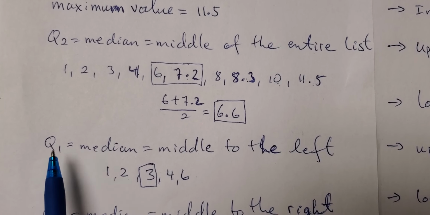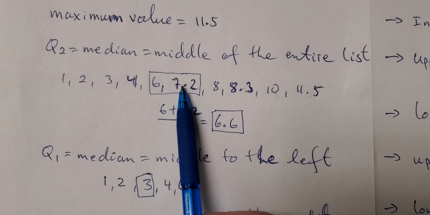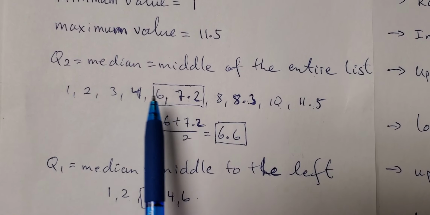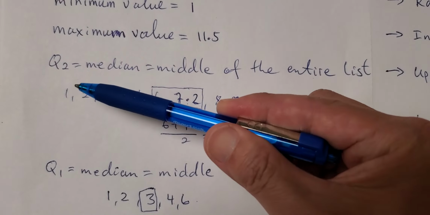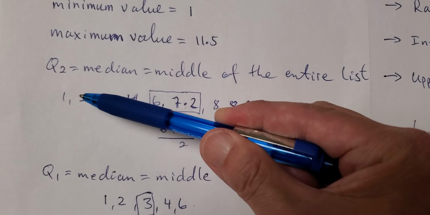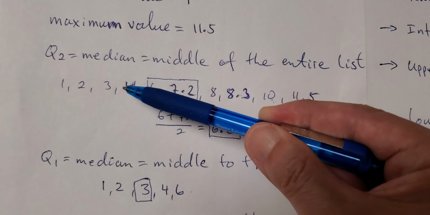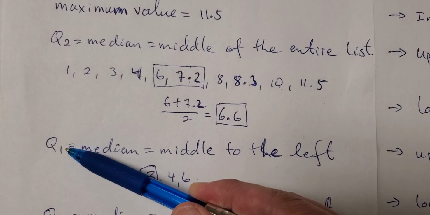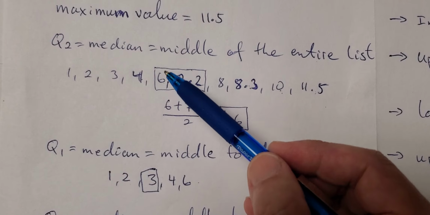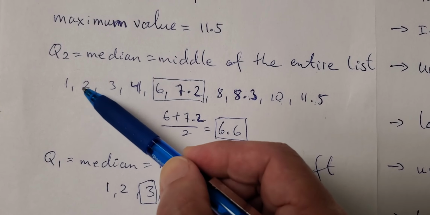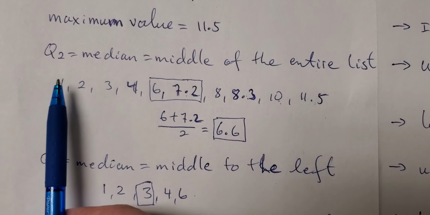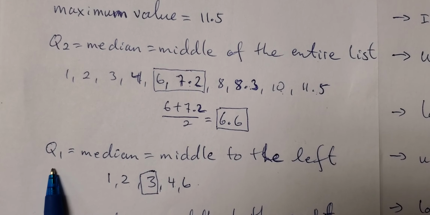Here's my list: 1, 2, 3, 4, and 6, which I have down here. One more time, Q1 is the middle from Q2 all the way to the left side.